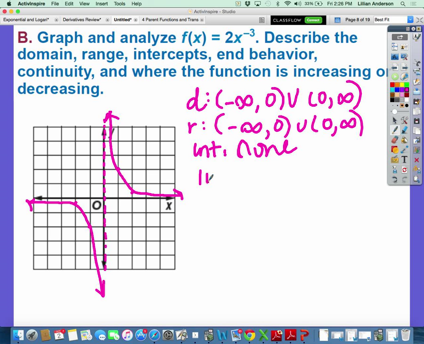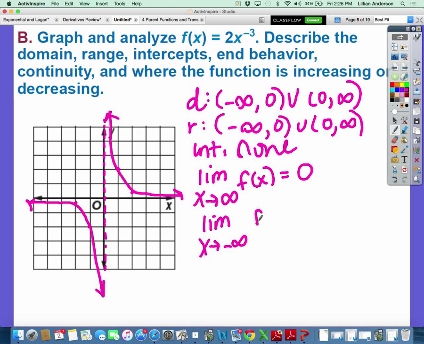And let's see, what about my end behavior? As I'm approaching x from the right. Joanna, what am I approaching? 0. Awesome. And the limit as I approach x on the left-hand side, negative infinity. Stephen? Good stuff.